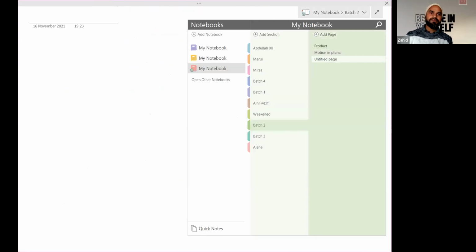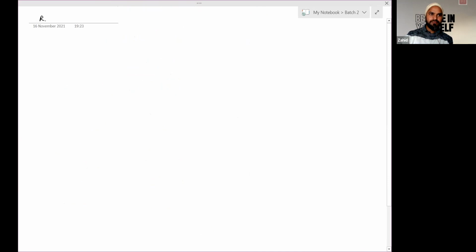So this is all about motion in 2 dimensions. Next is relative motion. Relative motion is if you have to define the motion of a body with respect to some reference or some other body, this type of motion is termed as relative motion.